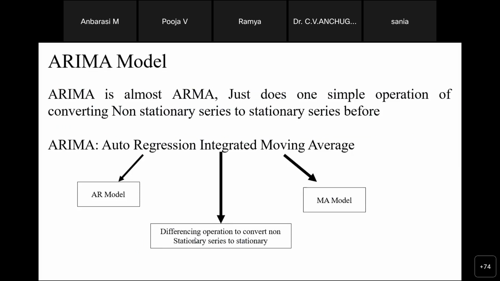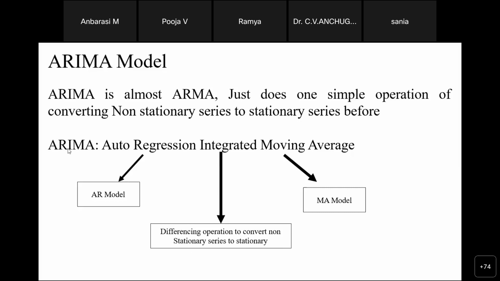Based on this D value, we try to convert the non-stationary data into stationary data. That is the job of the I.